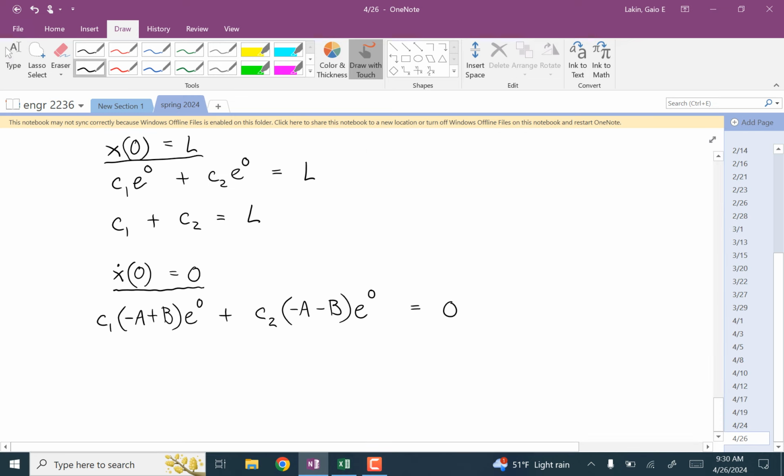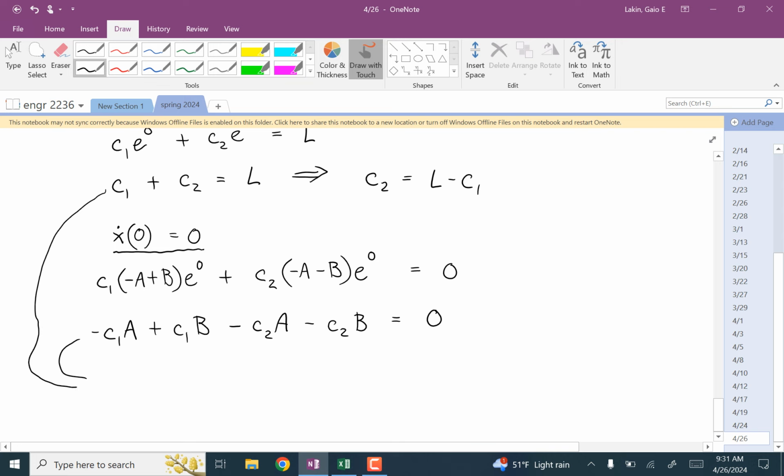I'm going to multiply these out. The e to the 0s become 1 again. So negative C1a plus C1b minus C2a minus C2b is equal to 0. From the first one, C2 is equal to L minus C1.